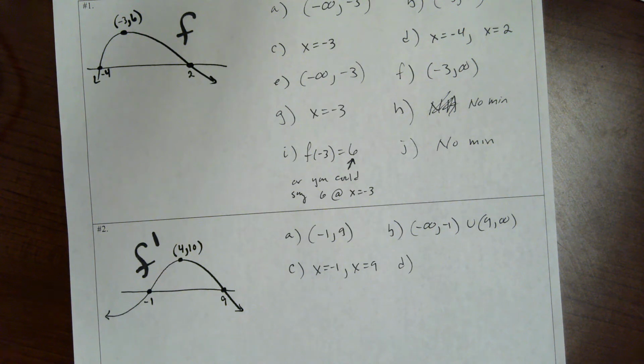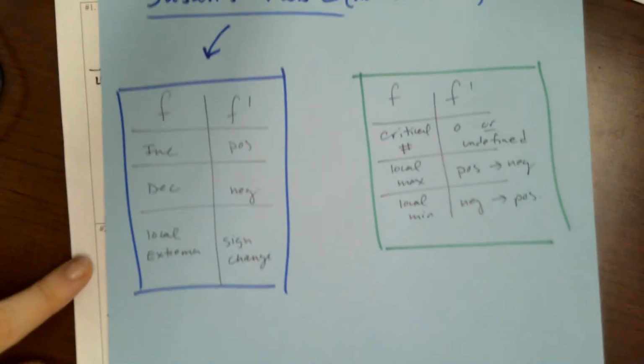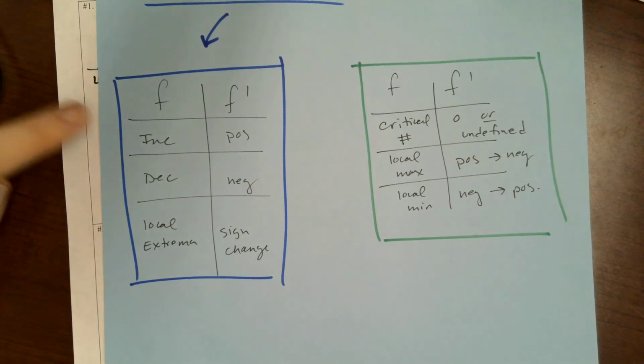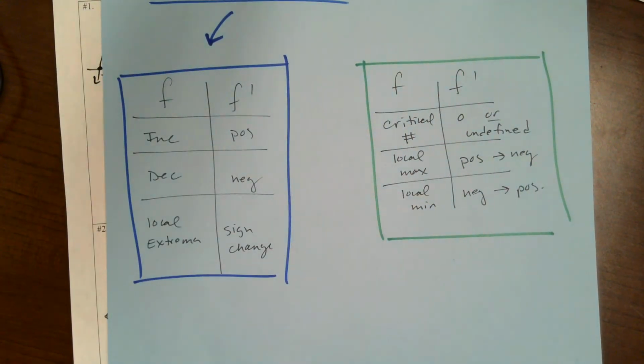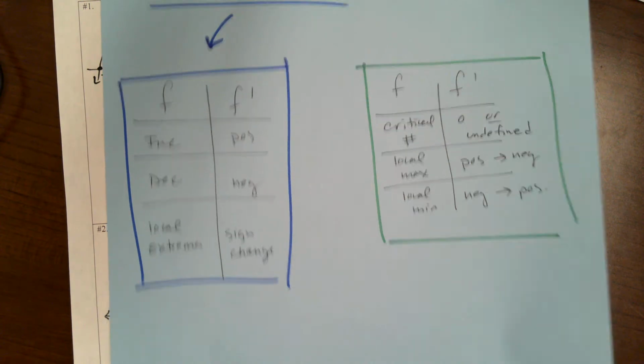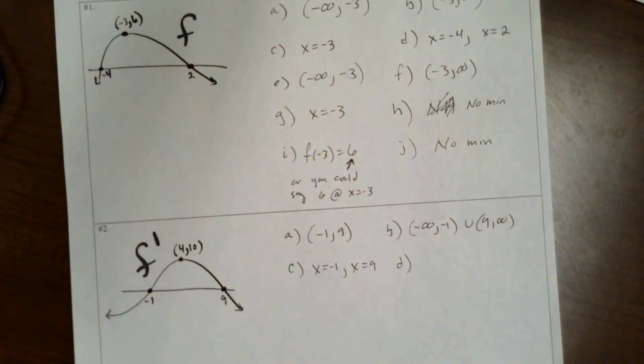Okay, so part D, F equals 0 at. I guess we can't even tell. There is nothing in our information here where F is 0. If F is 0, that doesn't give you any information about F prime.